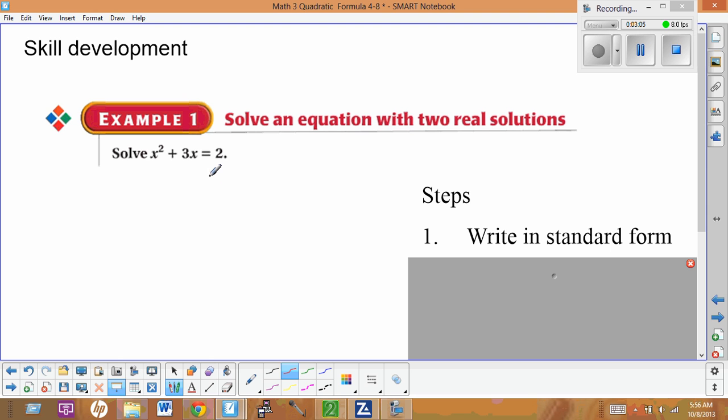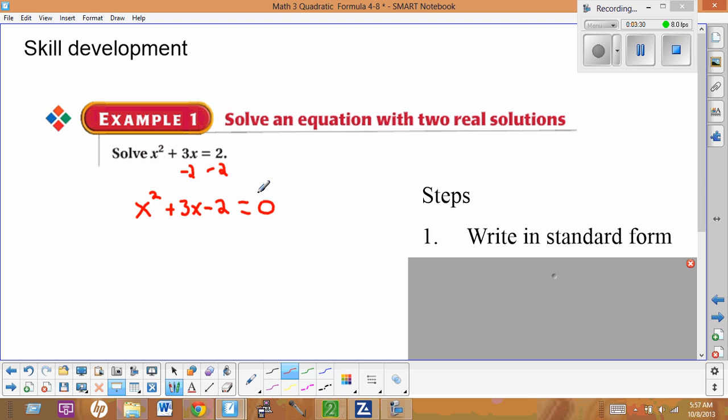So let's go ahead and do that. Let's subtract 2 from both sides. Remember, 3x and 2 are not like terms, so please don't try to combine them. There we go: x squared plus 3x minus 2 is equal to 0.